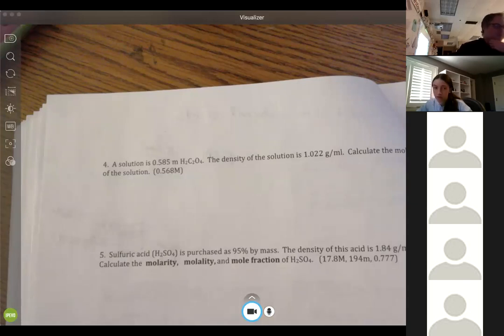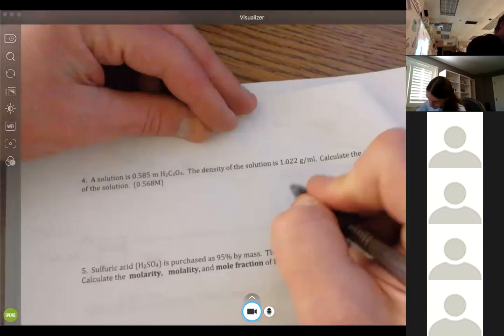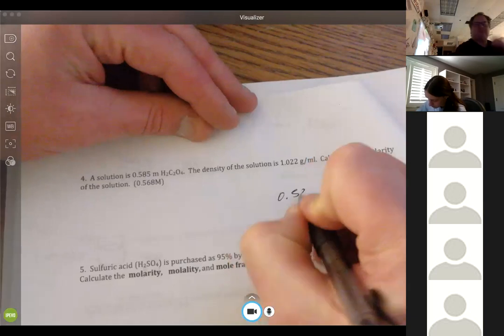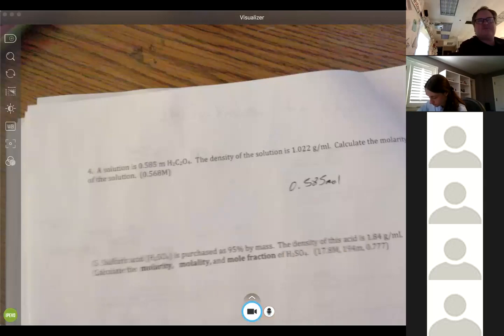Well, don't you already have the moles of the solute, since they gave the molality? 0.585 moles. Cool. So now I just got to find the liters of solution.